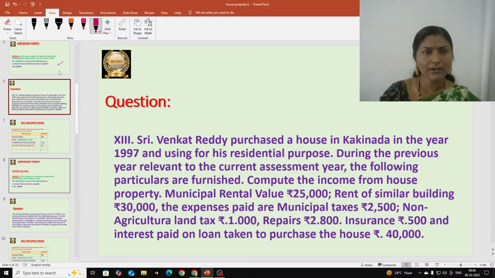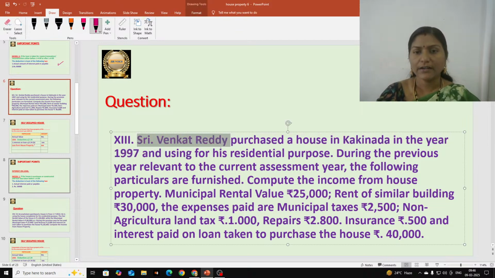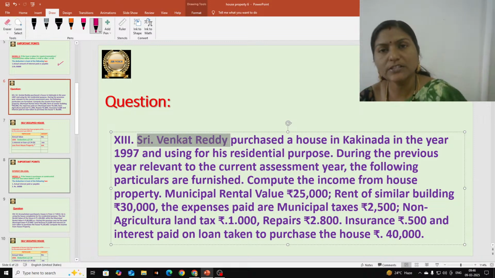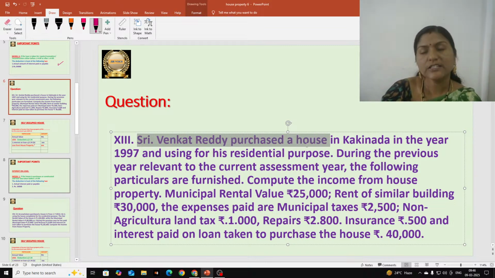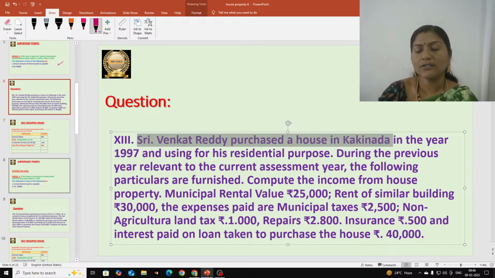So here we have one question. Let me discuss the question. Sri Venkat Reddy is an assessee. The assessee's name is Venkat Reddy. He purchased a house, students, in Kakinada. Kakinada is in India only.